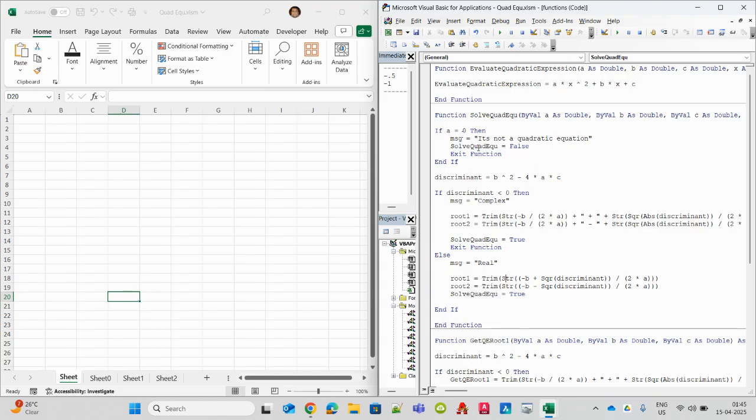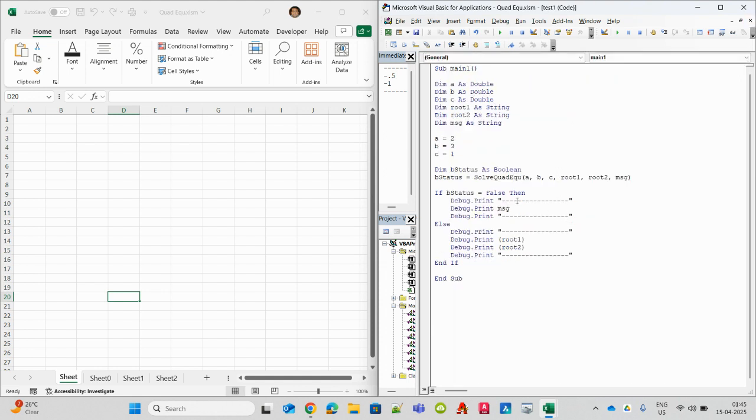In that case this function returns false because it does not solve the quadratic equation, and it prints the message that it is not a quadratic equation. Otherwise, if the status is true, it means it successfully solved the quadratic equation with either complex or real roots, which is then printed here.